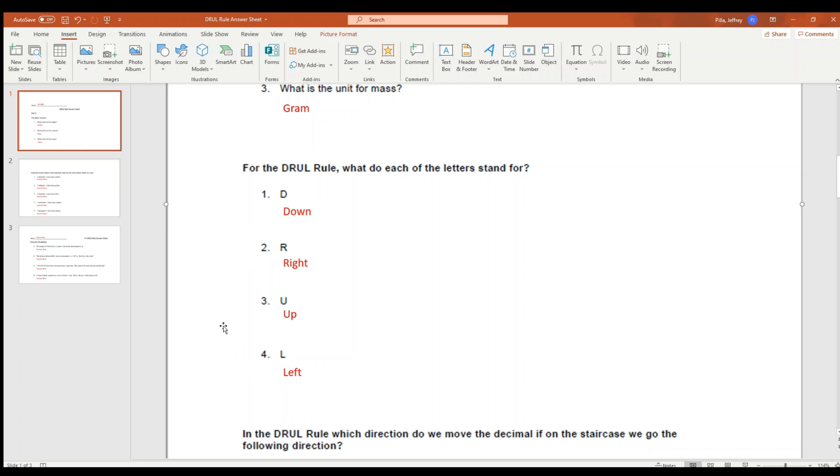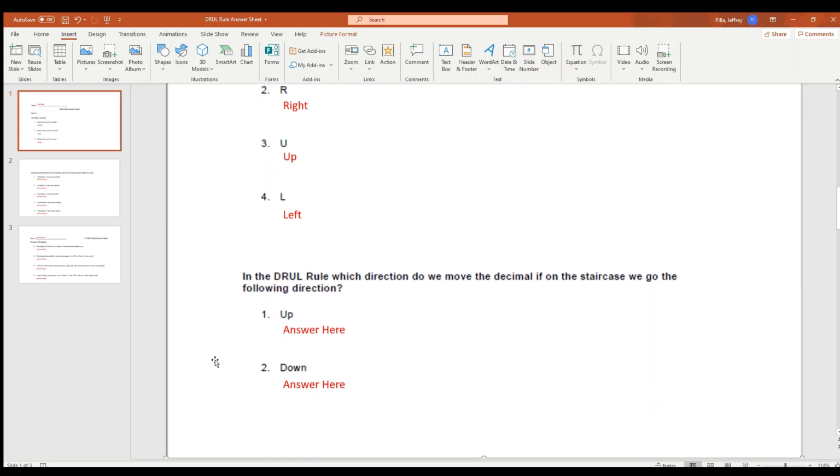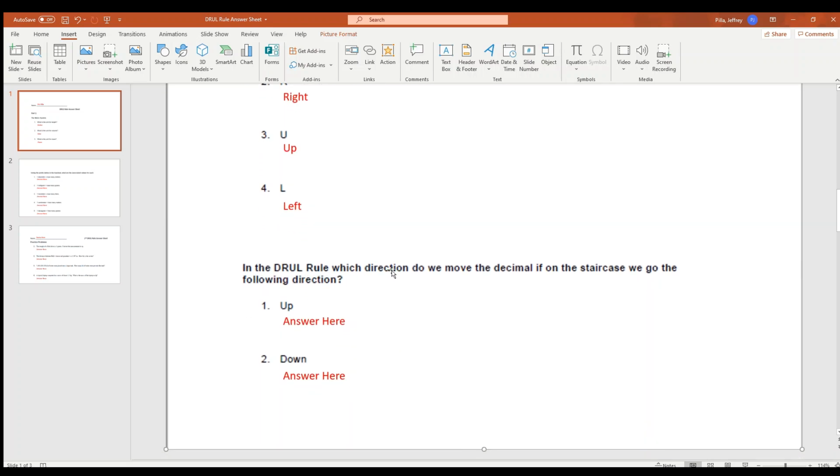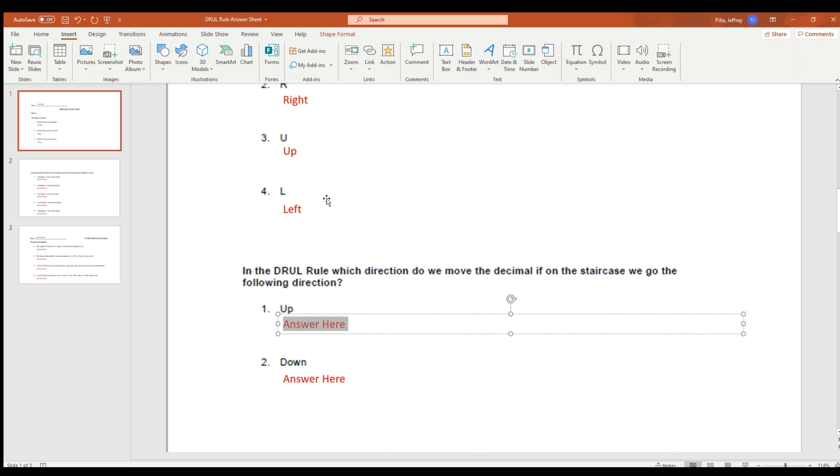And it's really important that you understand the concept of down, right, up, left because of the next question that we're about to do. Alright? It says, in the DRUL rule, which direction do we move the decimal if on the staircase we go in the following direction? Up. Well, let's think about it. In the down, right, up, left rule, if you're going up, you're moving the decimal to the left.